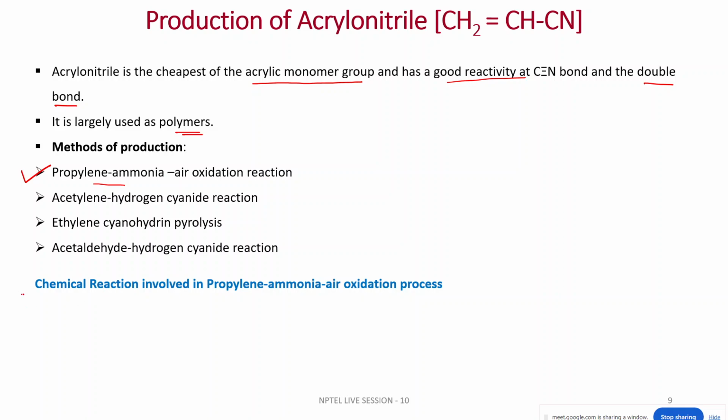So now discuss chemical reactions involved in the propylene ammonia air oxidation process. Very simple reaction, that is propylene reacts with ammonia and also air and it gives acrylonitrile.